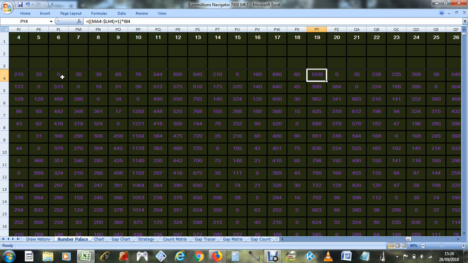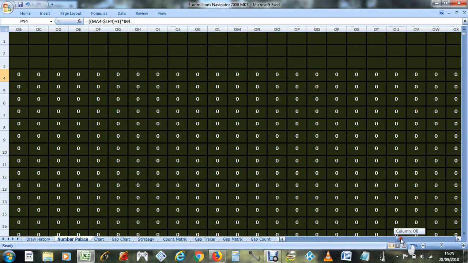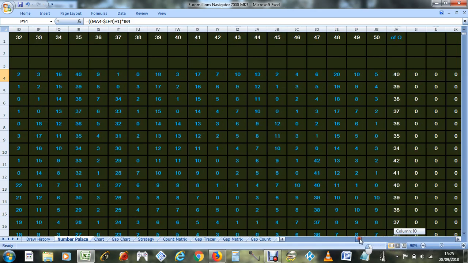So for 19 we've got this is the formula I use, and that basically looks at the frequency and how overdue each number is, and where if you notice there where it says LH4, I'll just show you what that is. That is where is it?